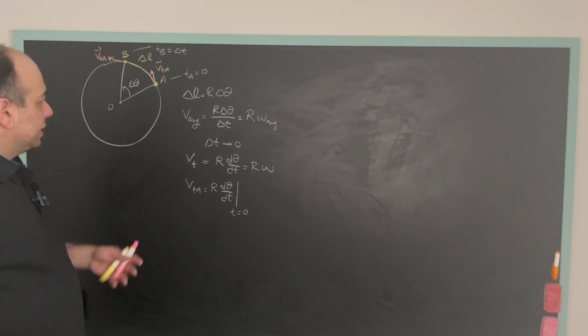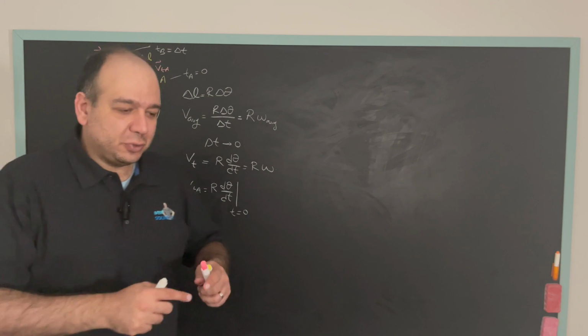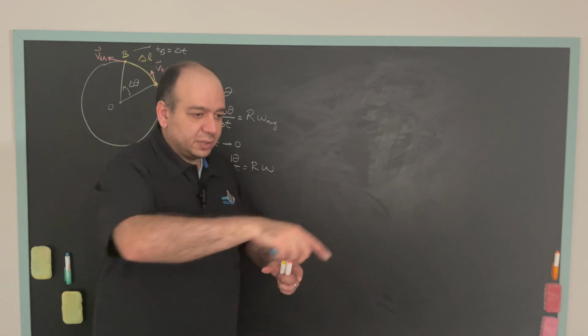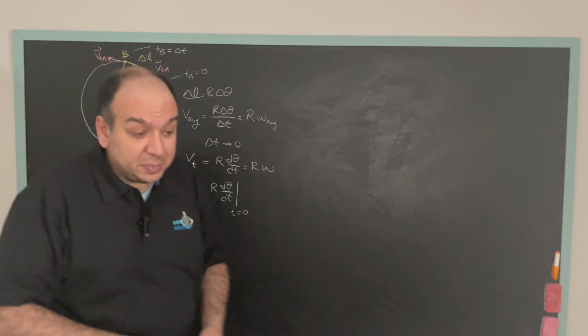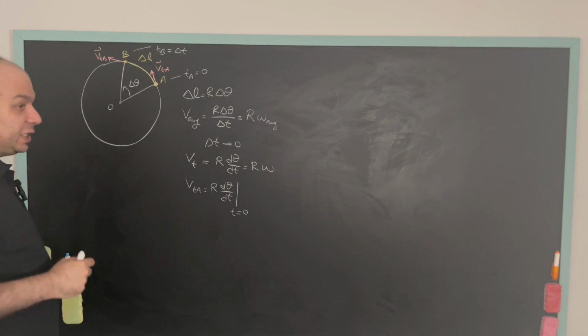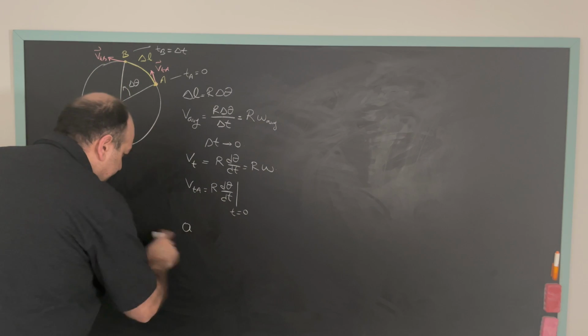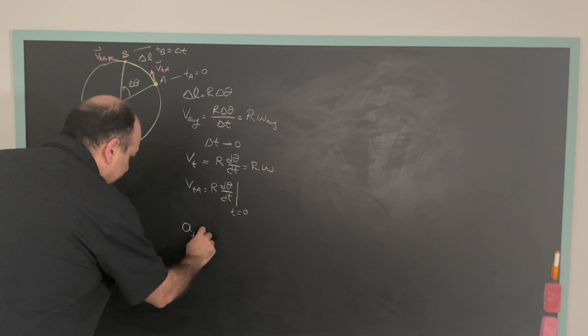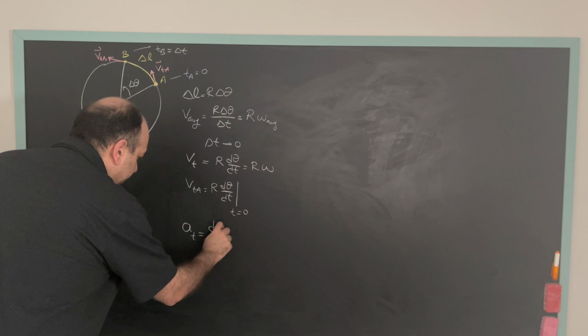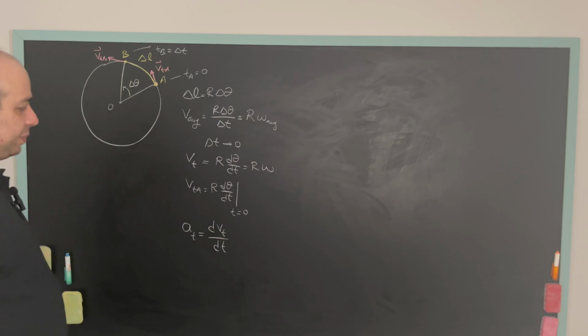The next part is, this tangential speed may not be constant. As you're moving on the circular trajectory, you may be speeding up or you may be slowing down. So this tangential speed may be changing. At that point, we now define tangential acceleration, which will be equal to the time rate of change of the tangential speed.